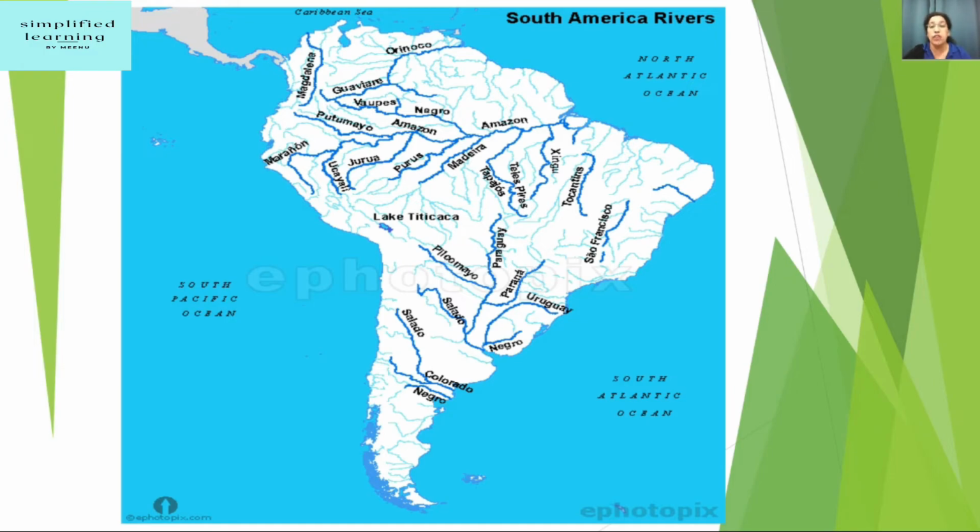There are only a few lakes in South America. This is Lake Titicaca. Lake Titicaca is situated on the high plateau of Bolivia. Then we have one lake here, which is Lake Maracaibo. It is in Venezuela, which is very important for mineral oil deposits.